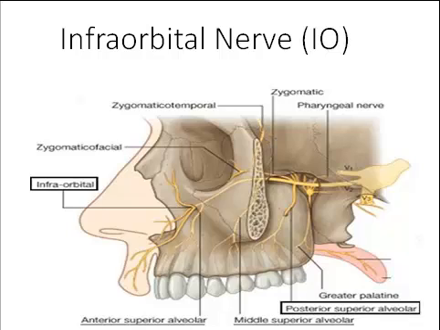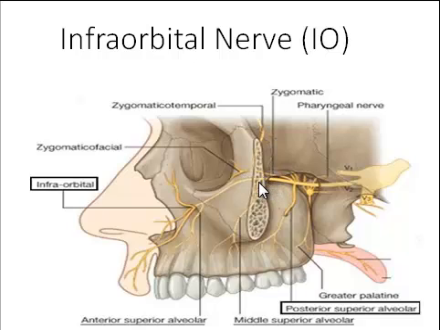So this is a terminal branch of the maxillary nerve. It enters the orbit through the inferior orbital fissure and follows the infraorbital groove to enter the infraorbital canal. So within this canal, the nerve itself splits.